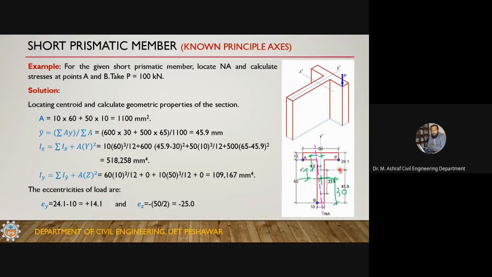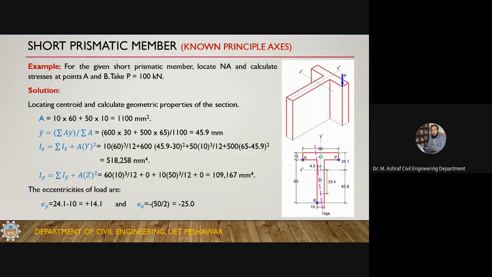Okay. Now the moment of inertia about the y-axis. This is the centroid of one rectangle, and this is the centroid of another rectangle. Both centroids lie on the centroidal axis of the composite section.